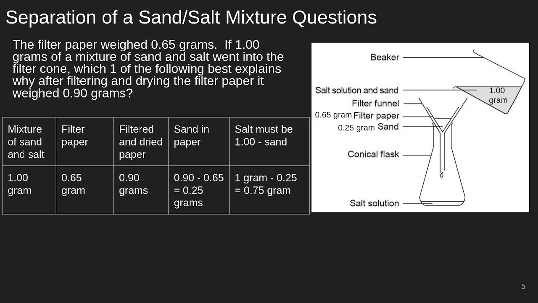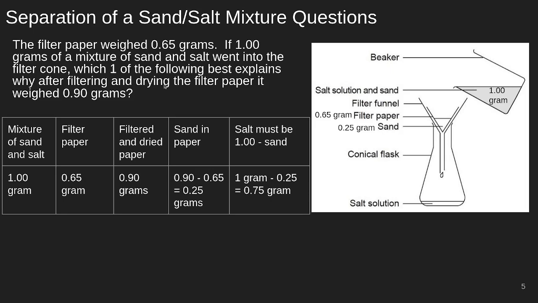Which one of the following best explains why after filtering and drying the filter paper it weighed 0.9 grams? So I went ahead and attached to this little table all of the numbers that it's giving us. It says we started with 1 gram of a mixture of sand and salt, so I put that here, and 0.65 grams of the dry filter paper by itself.